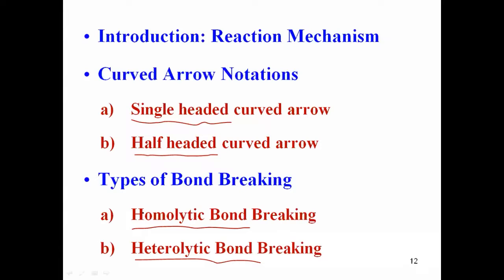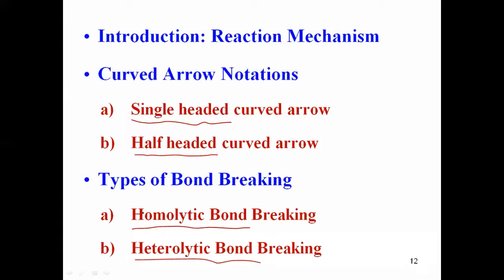Now, what is homolytic bond breaking? Yes, it is symmetrical bond breaking. The symmetrical bond breaking in which each species acquires one electron from the shared pair is called homolytic bond breaking. We have studied with example and some properties of homolytic bond fission.